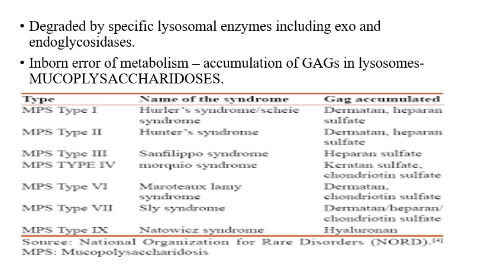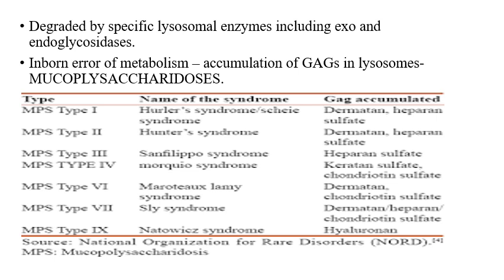So any defects in these enzymes will lead to accumulation of these glycosaminoglycans in the lysosomes, and the condition is called mucopolysaccharidosis. And there are different types of MPS or mucopolysaccharidosis, which include type 1, 2, 3, 4, 6, 7 and 9. Types 1 and 2 are most commonly seen.